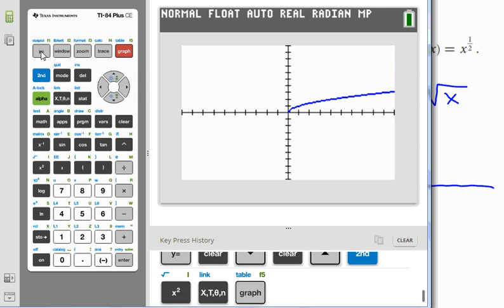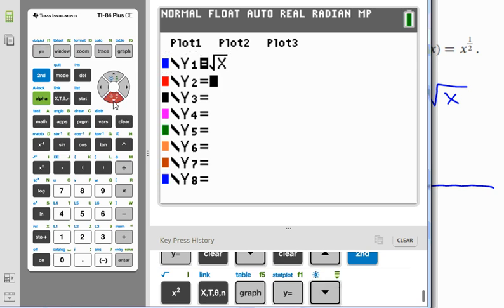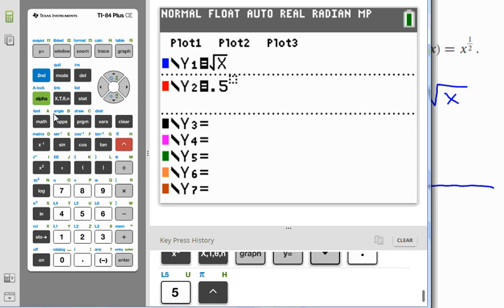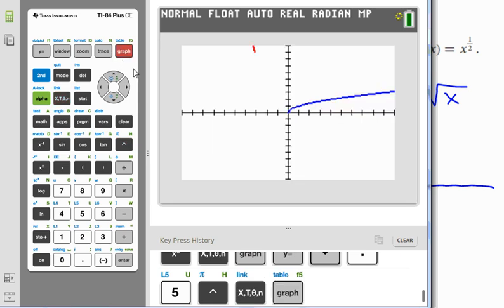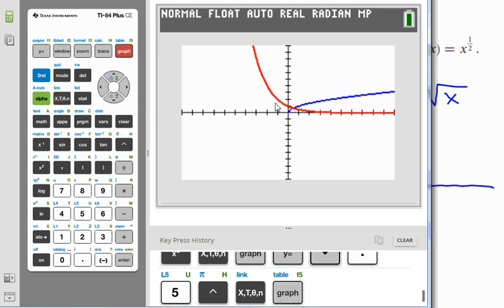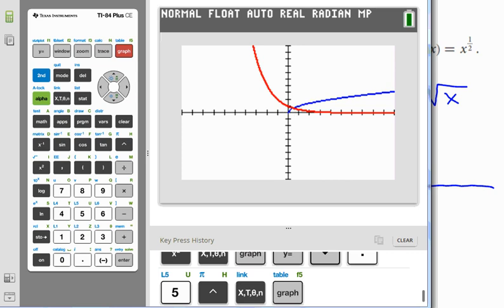And we have 1/2 to the power of x. It would look like this. So we're comparing the different domains, ranges, and behaviors of these.